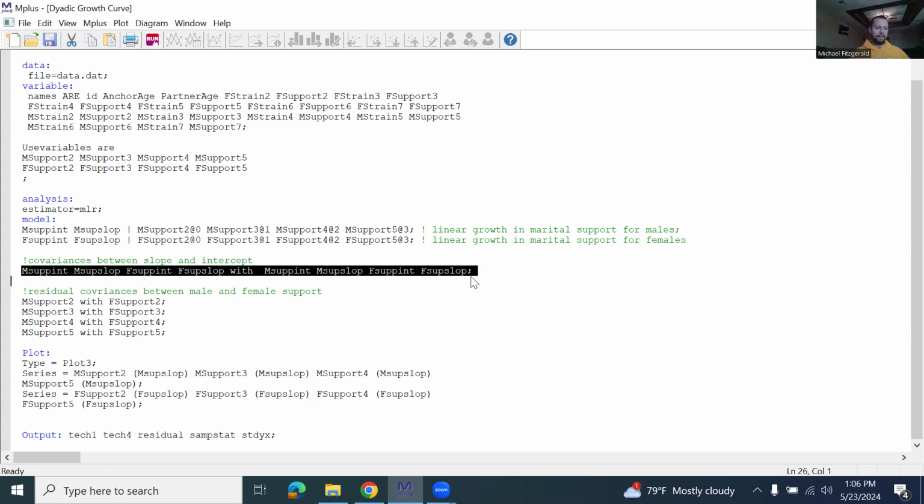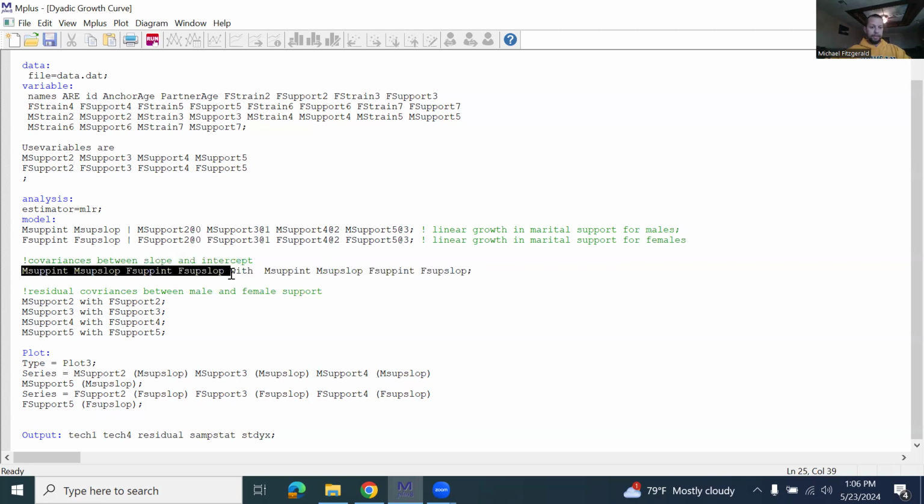And so that can, in an extreme circumstance, lead to different substantive conclusions, alter your p-values, alter significance levels, alter parameter estimates, and things of that nature. So I always recommend maintaining those covariances, especially in dyadic data.